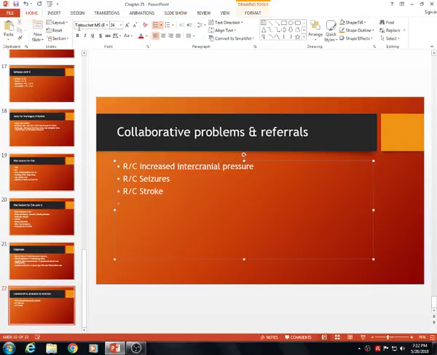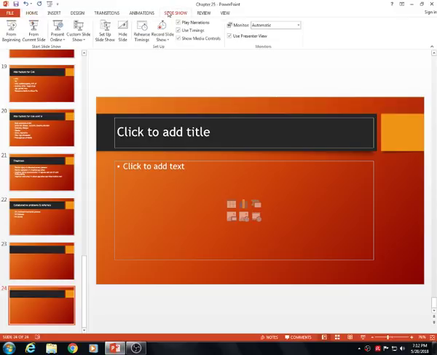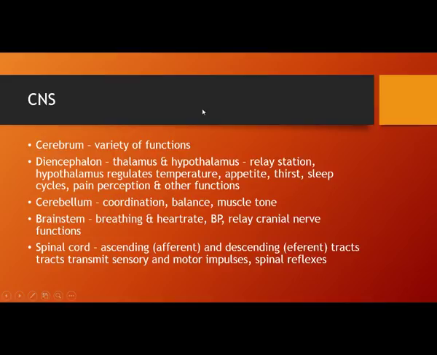Chapter 25 concerns the neurological assessment. So, the neurological system consists of the central nervous system and the peripheral nervous system and the autonomic nervous system.